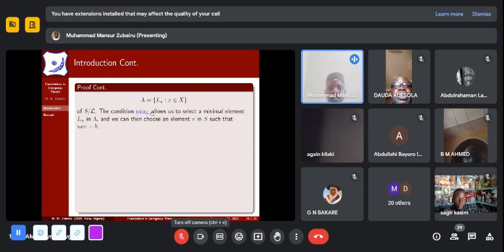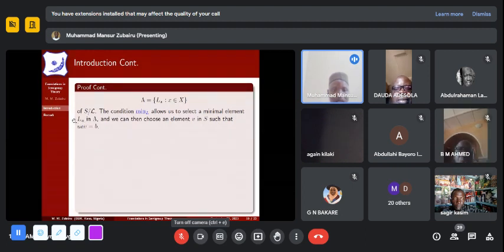So the condition min L allows us to select a minimal element inside this set, and we can choose an element U in S such that the element we pick is LU.